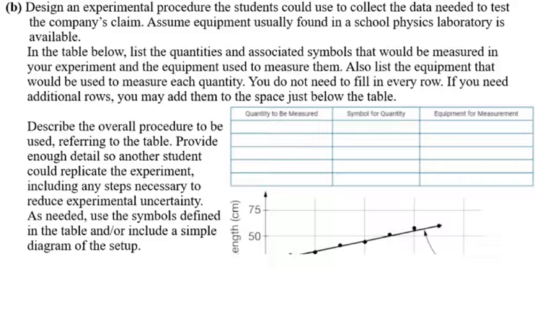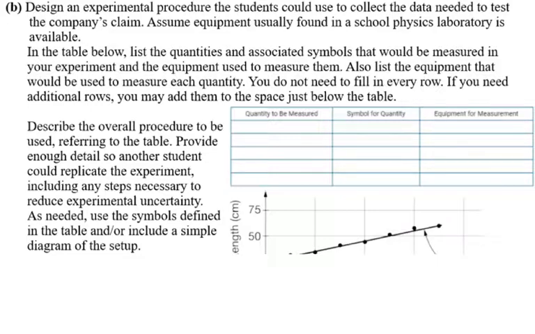Describe the overall procedure to be used, referring to the table. Provide enough details so another student could replicate the experiment, including any steps necessary to reduce experimental uncertainty. As needed, use the symbols defined in the table and or include a simple diagram of the setup.